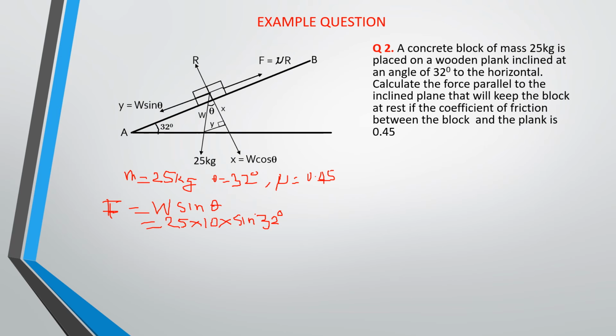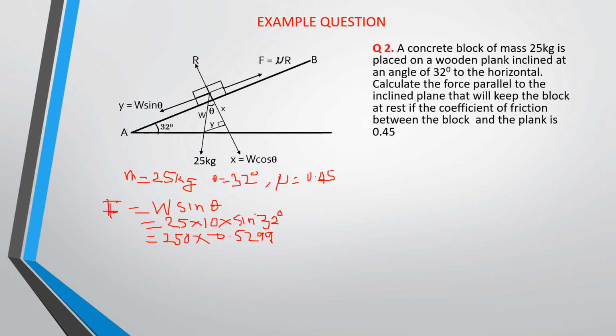If you work this out, 25 times 10 is 250, and sine 32 degrees is equal to 0.5299.